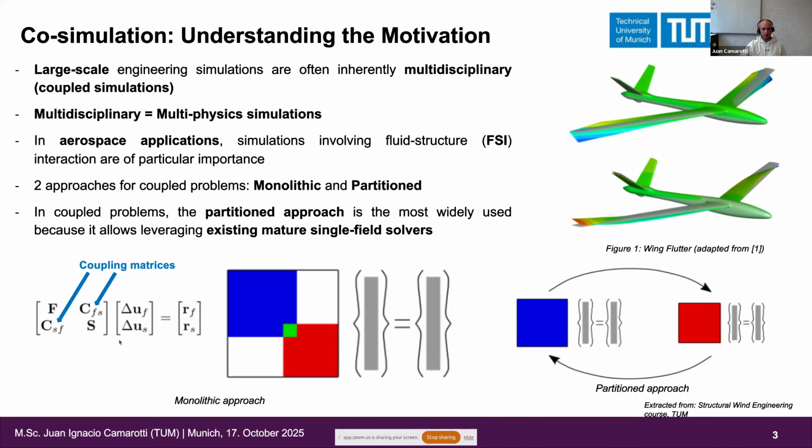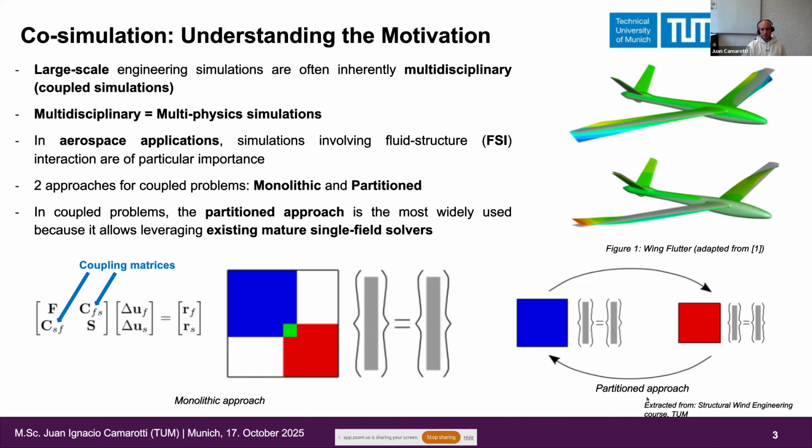So F and S are, let's call them, the stiffness matrices coming from both domains, and on the off-diagonal, we have the coupling matrices, which are basically in charge of coupling the two domains. This is a very stable algorithm, but has the main drawback that specialized tools need to be developed for different problems. And when we change the formulation of one of our domains, the whole problem needs to be re-implemented.